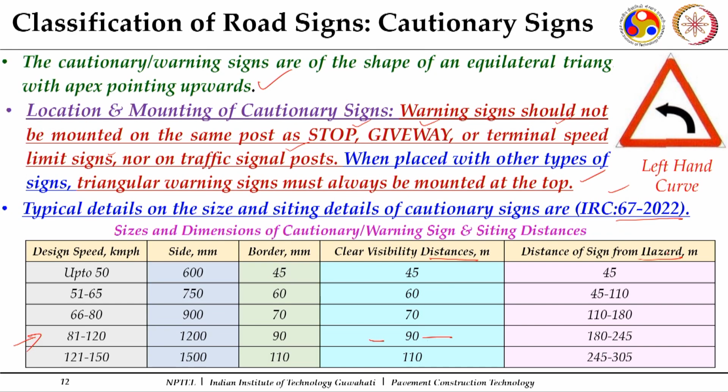Visibility is one part, and how far in advance it is placed is another, so the user understands the warning. For a speed of 81 to 120, the sign should be placed around 180 to 245 meters ahead of the hazard.